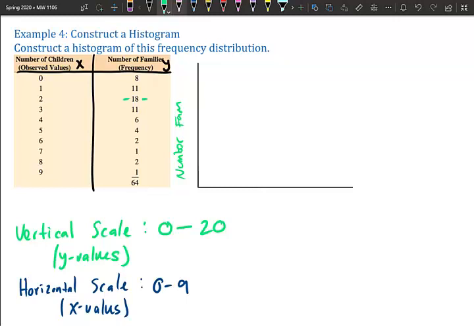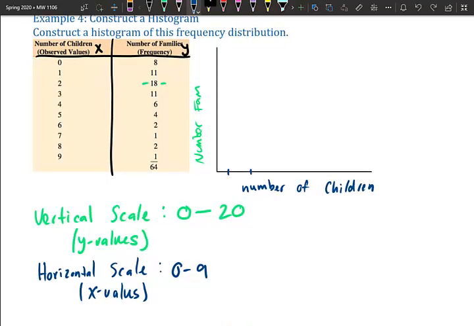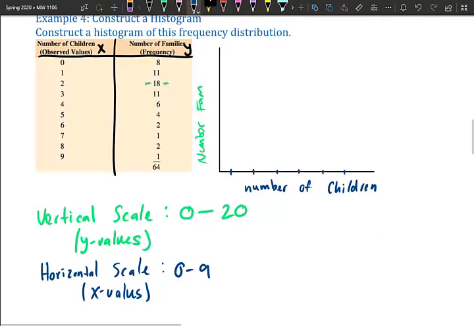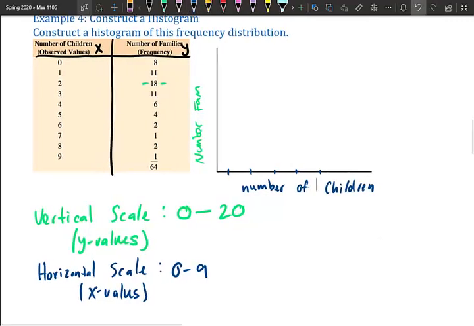And on the bottom, we have the number of children. So number of children, we're going 0 to 9. Made it too big.